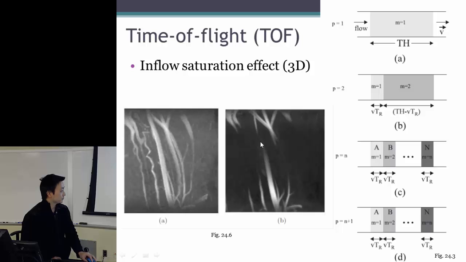So for 3D imaging and time of flight, we cannot use a very thick 3D imaging slab, because at the other side of this slab, chances are we may not be able to see those vessels.